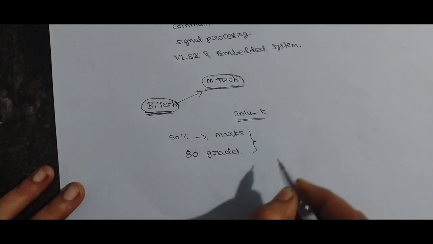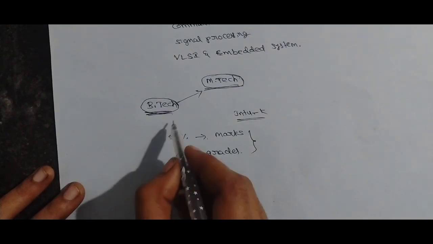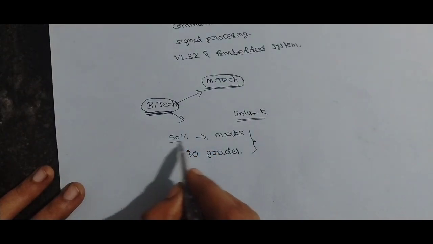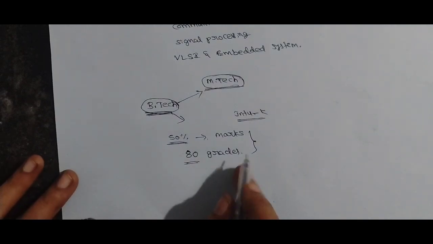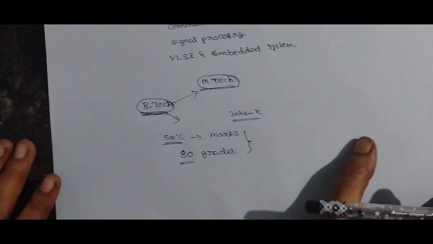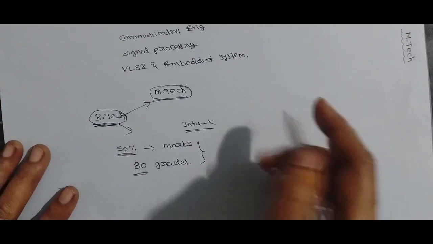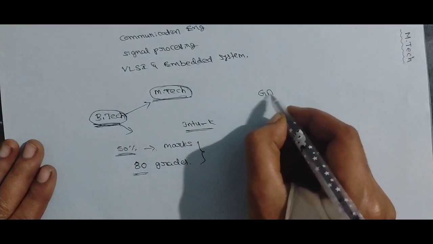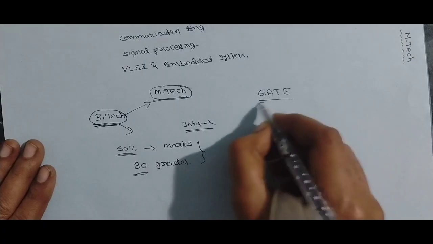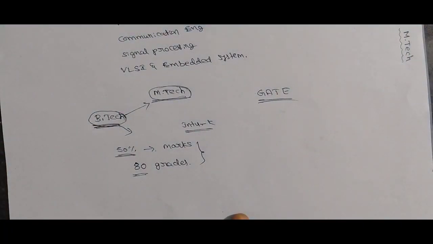These two are the minimum criteria. First, B.Tech with 50% marks and 80 grades. Then you are eligible to write the M.Tech entrance.